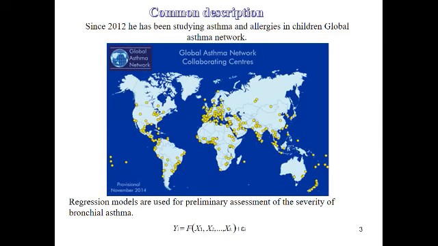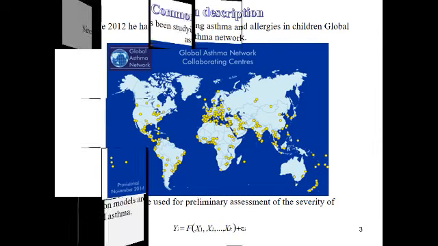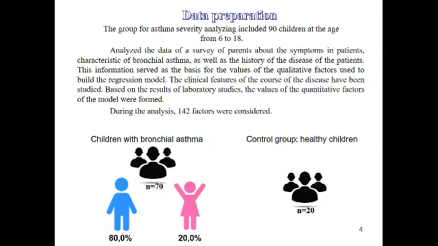To demonstrate the methodology for constructing approximate regression models, we will use the result of a clinical study of severity of bronchial asthma in children of the Kharkiv region in 2017.